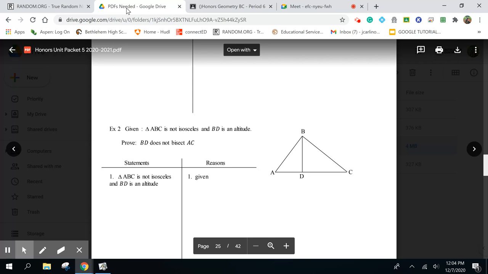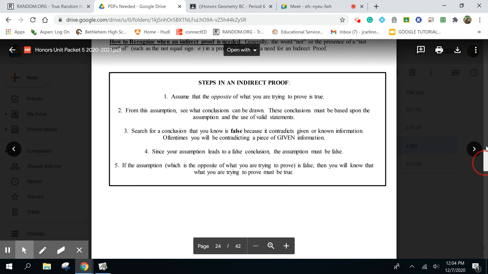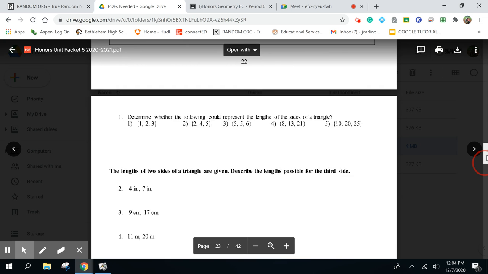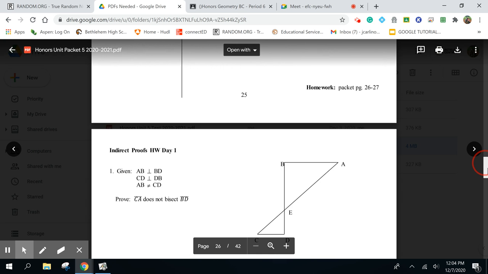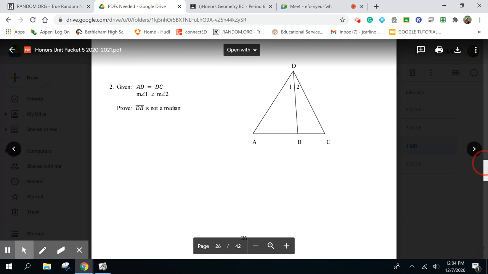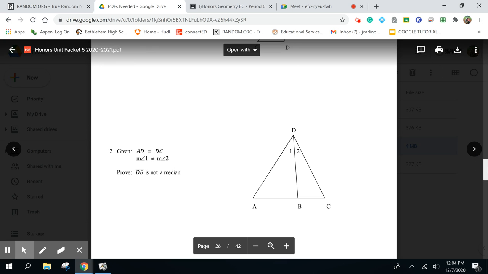Okay, whoa. Am I on the wrong one? You said number 2? Yeah, I'm on the wrong one. Let me get on the correct one. Okay, so you said AB equals BC, definition of a median. Go ahead. And then I did DB is equal to DB, reflexive, and I just got stuck there.